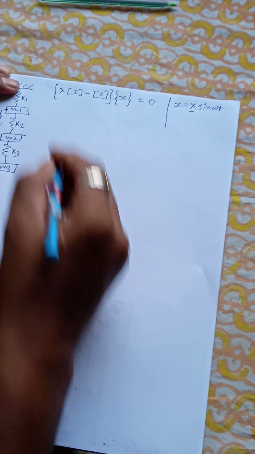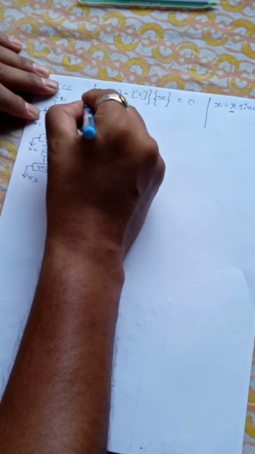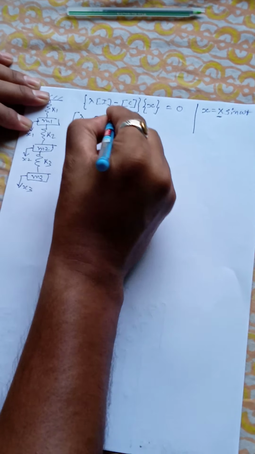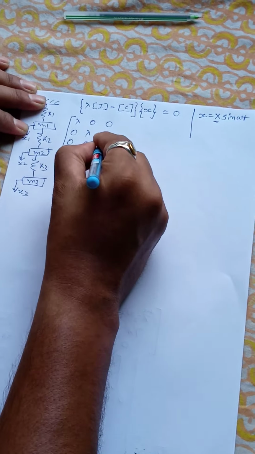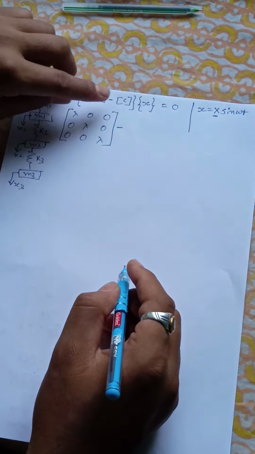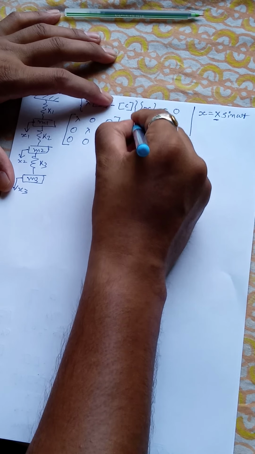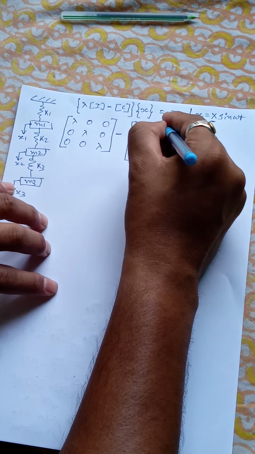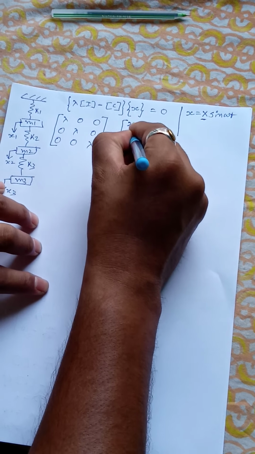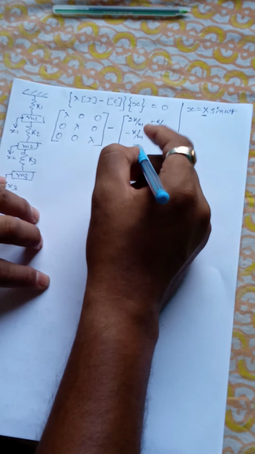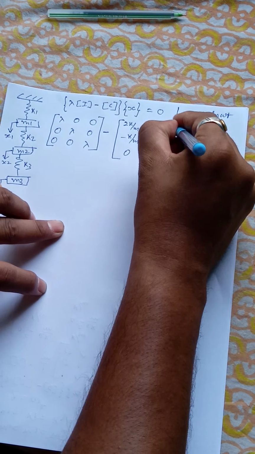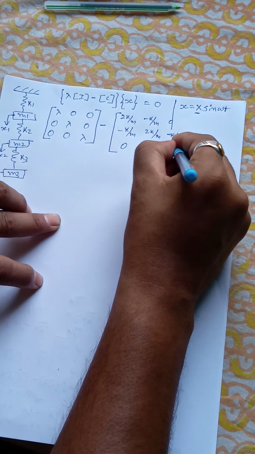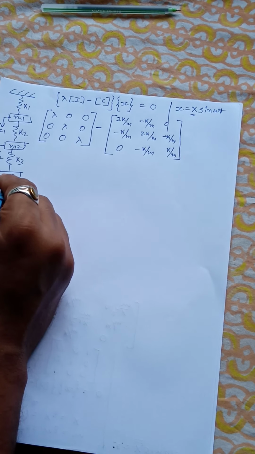Now lambda is omega square, and I is a unit matrix, so when we multiply lambda with the unit matrix, it will be lambda 0 0, 0 lambda 0, 0 0 lambda, minus the dynamic matrix, whose values were 2k by m, minus k by m, minus k by m, and again minus k by m, minus k by m, and here it is simply k by m, because lastly we don't have any stiffener.